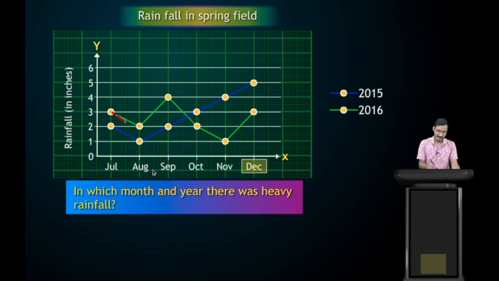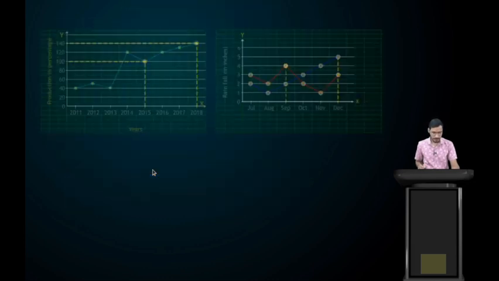Students, you can see the height of the December month, and the blue line means 2015. The rainfall is 5 inches. So the month is December and the year is 2015. Okay, December 2015.